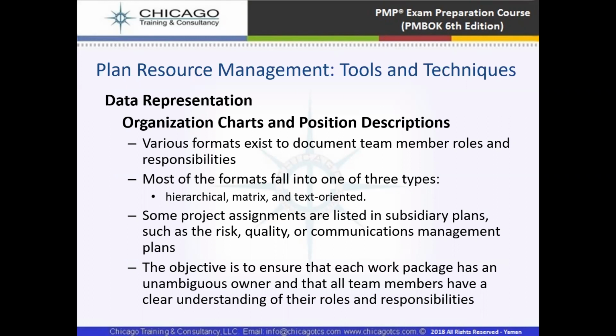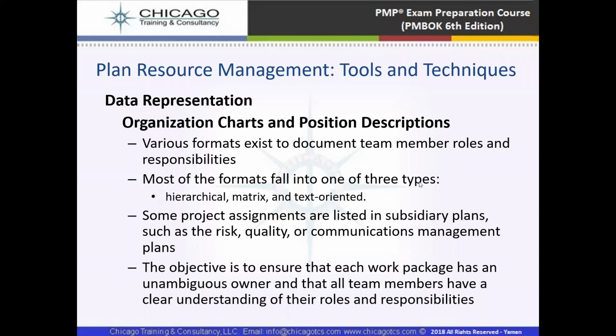So the objective is that each work package has an unambiguous owner, and that all team members have a clear understanding of their roles and responsibilities. So basically, in this organization chart and position description or responsibility description, everything is being defined.